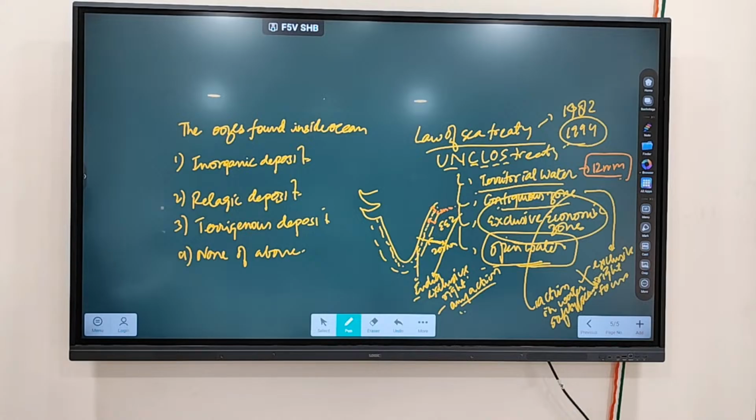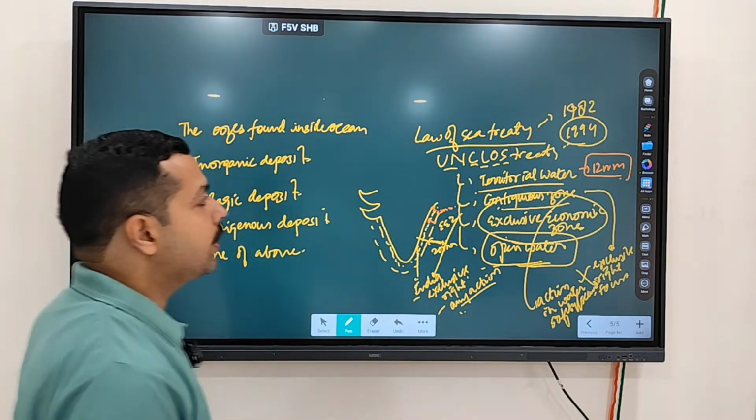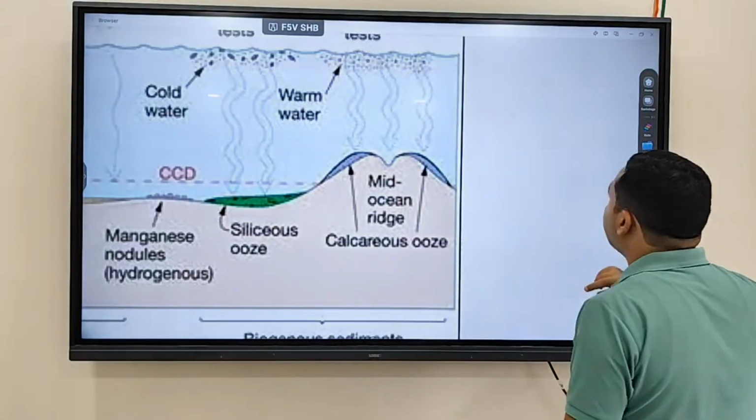Fine. Now, who will give permission? As we discussed, if India wants to use the exclusive economic zone, who has to take permission? There's a commission called the International Maritime Commission.